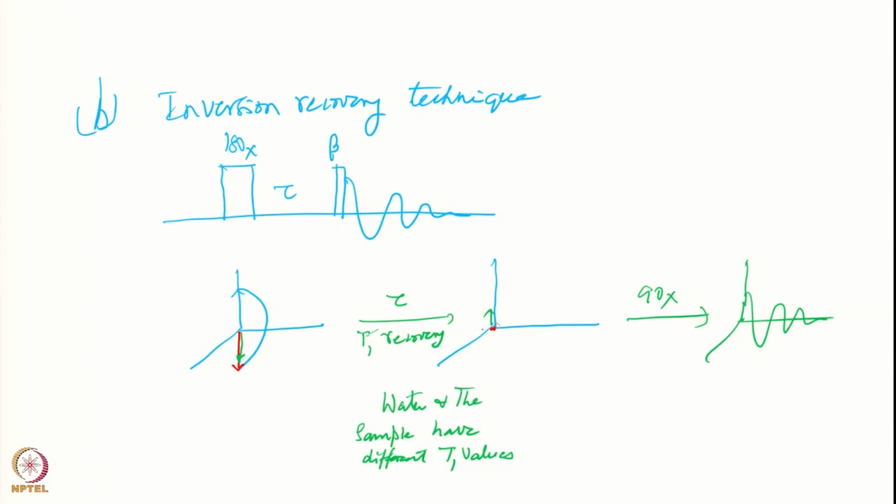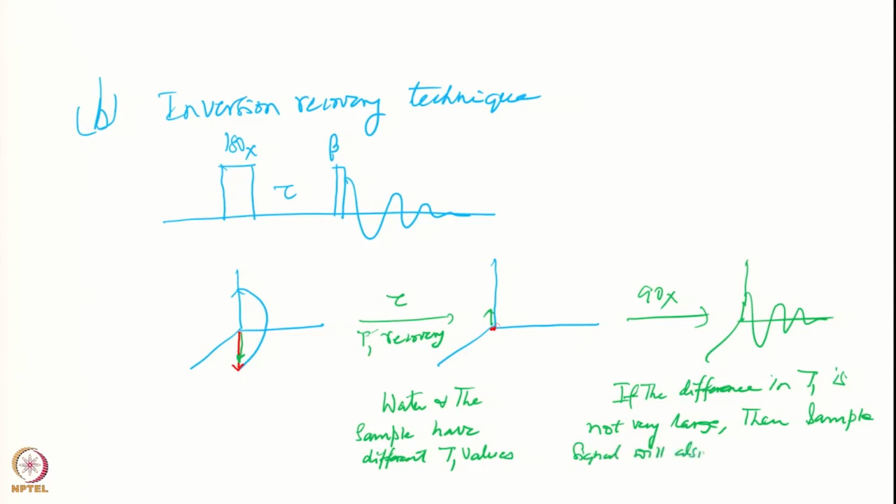So, then you may lose that, and then of course if the difference in T1 is not very large, then your sample signal will also be attenuated.